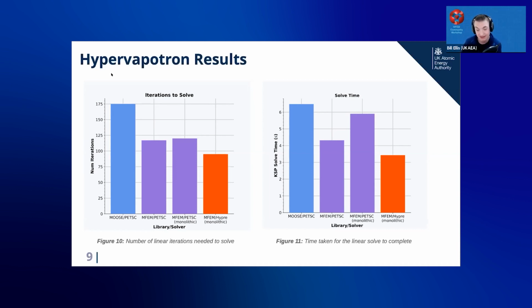I believe this is because MFEM is better at applying boundary conditions and is allowing a couple more terms in the operator to be zeroed out. And then, best of all, you've got your MFEM and Hypre solves, which is good to show because I'm at an MFEM workshop and not a MOOSE one, so I'm happy that that's performed the best.